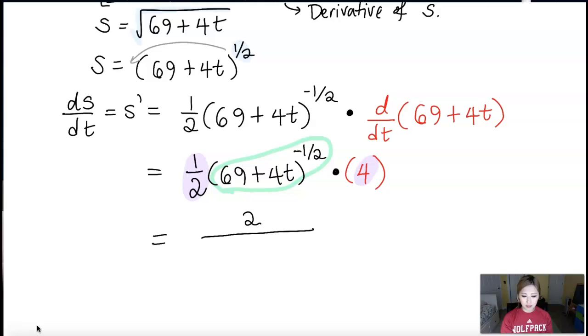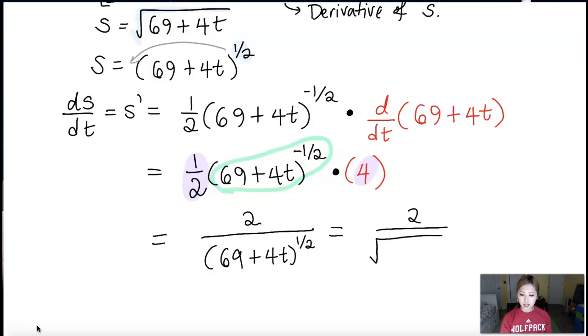I can bring the square root notation back and write it as square root of 69 plus 4t. So we found ds/dt, or s prime.